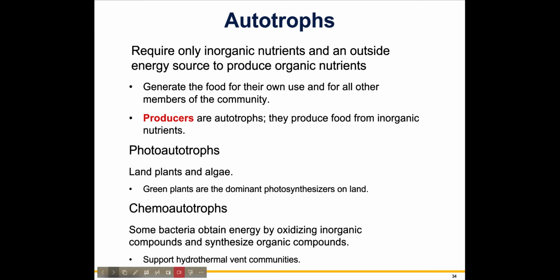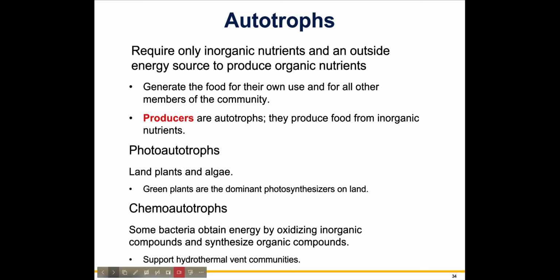So autotrophs only require the inorganic nutrients and an energy source. So we're going to use carbon dioxide and sunlight to make sugar, for example. So what we know about our autotrophs is they generate their own food. We also call them producers because they produce food from nutrients.